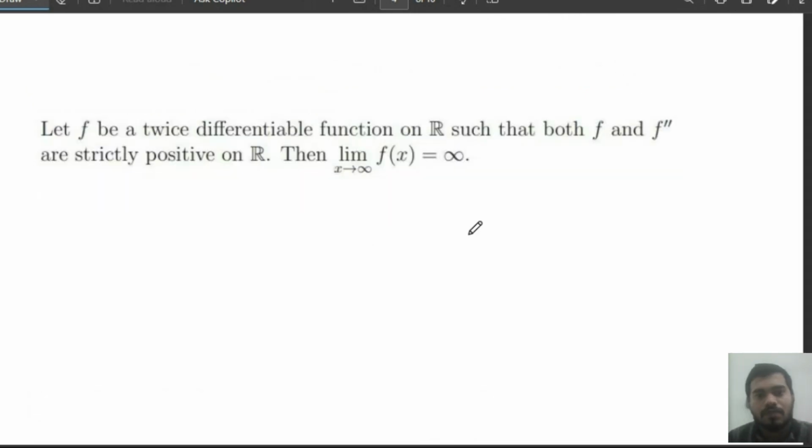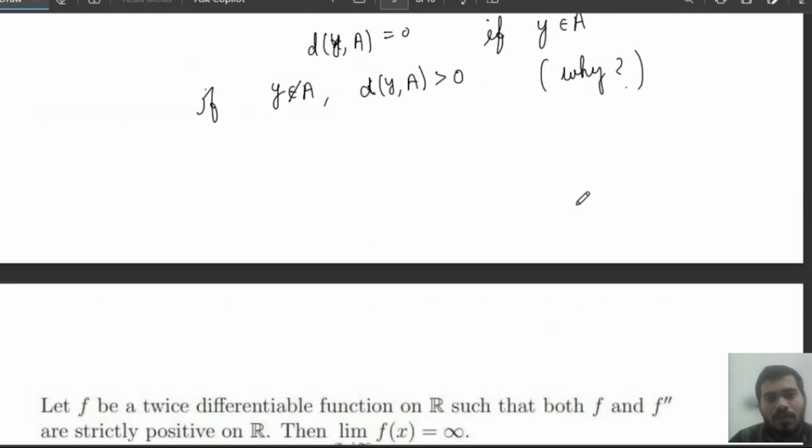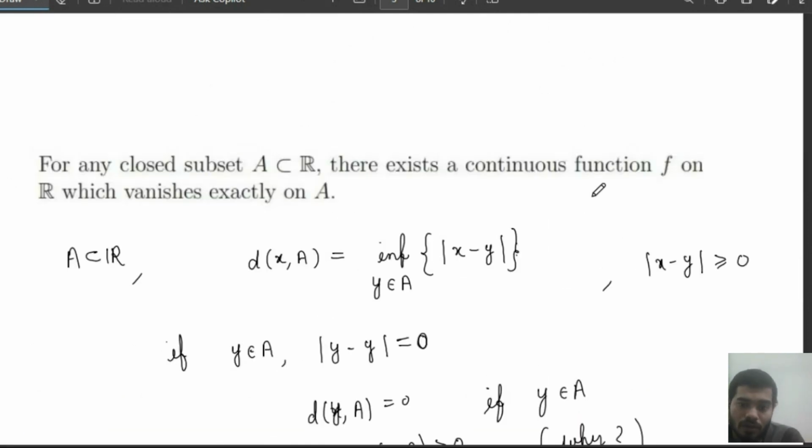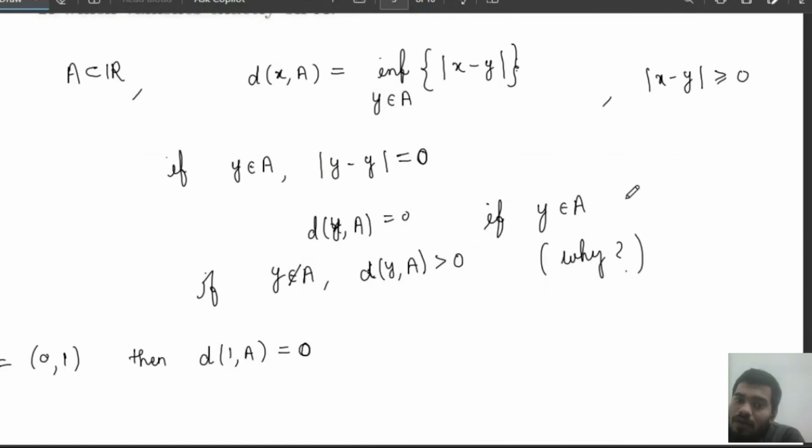For instance, if you have A as the open interval (0,1), then the distance of 1 from A is 0, because 1 is a limit point of the set which is not lying inside. So this function will not vanish exactly on A but also outside A, on the points 0 and 1. So because of the special property that A is closed, it will be 0 exactly on itself because it contains all its limit points, and the distance will be greater than 0 when x is not in A.